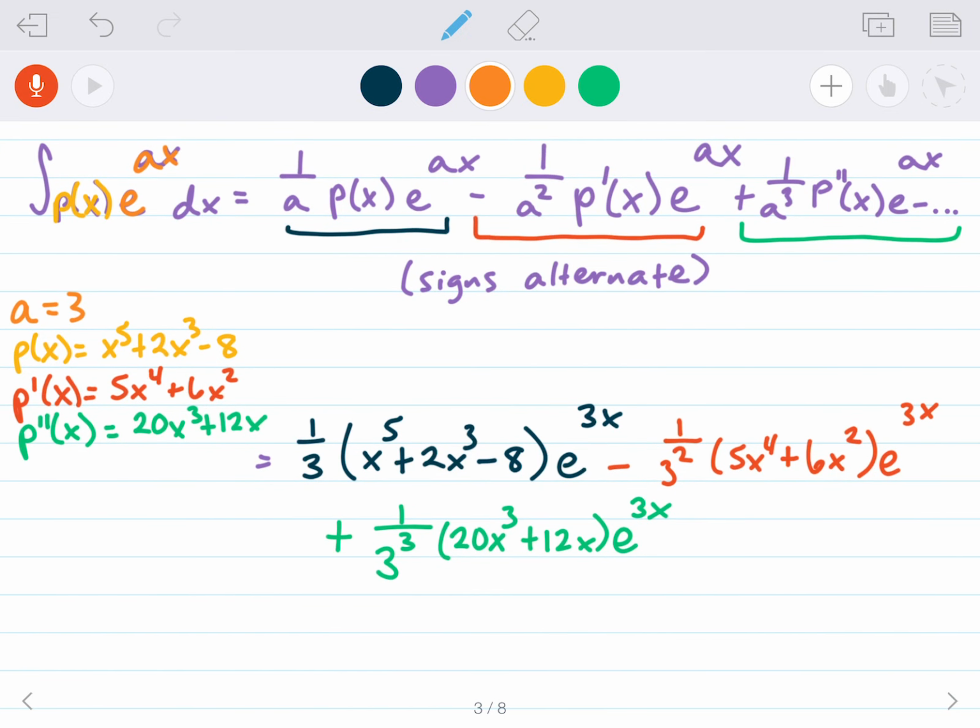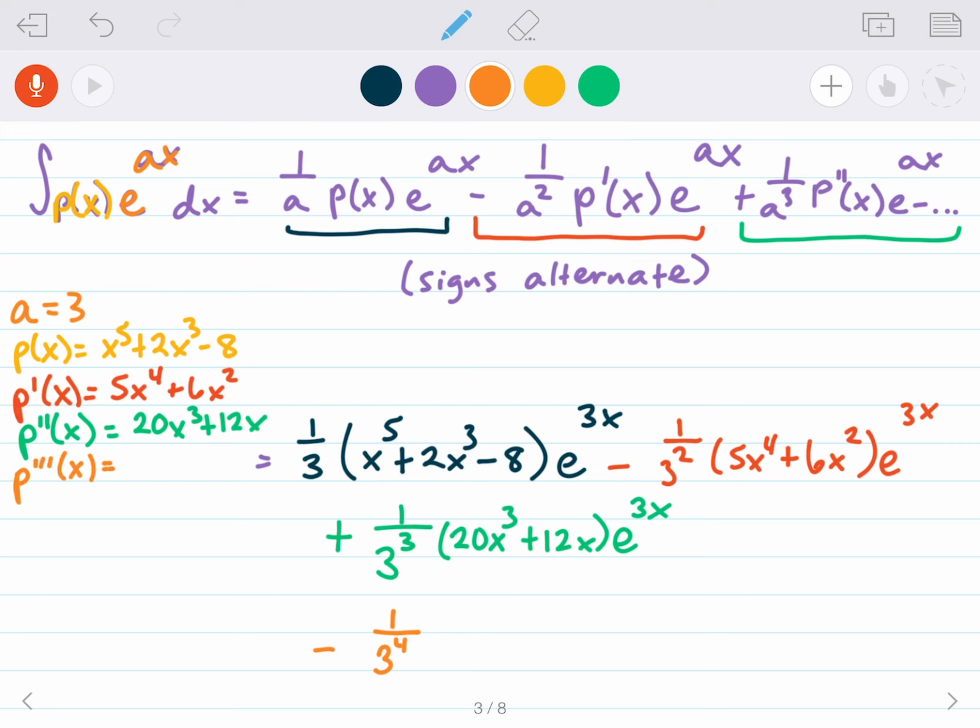So the next sign, since I finished with a positive, I go negative now. And again, I have 1. Instead of a to the 3rd, I'm doing a to the 4th next. That's what comes next in the pattern. All right. Now the next one is p triple prime, like we're taking the derivative again.